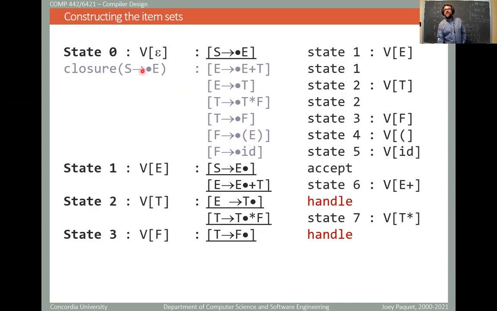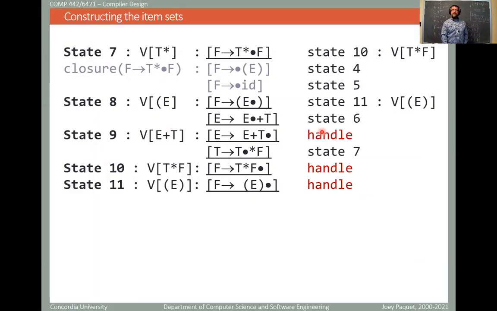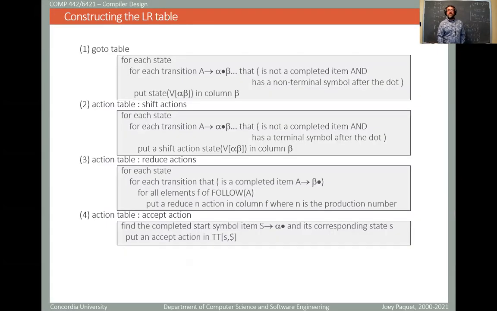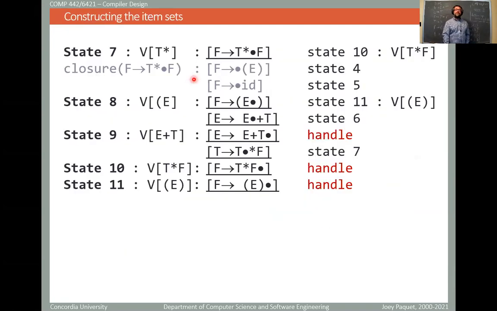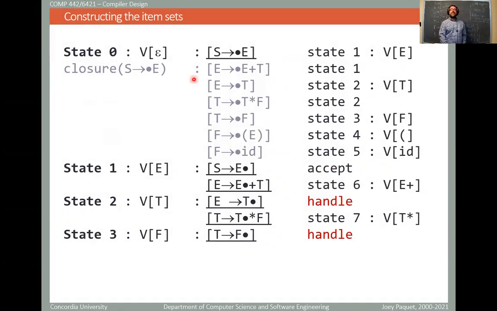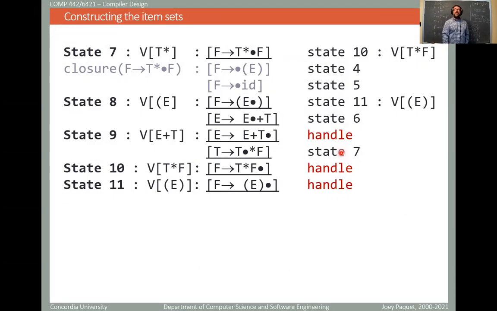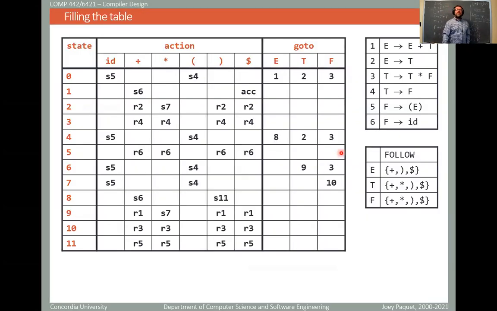So from state 0, open parenthesis, state 4. That's shift 4. State 0, ID, shift 5.